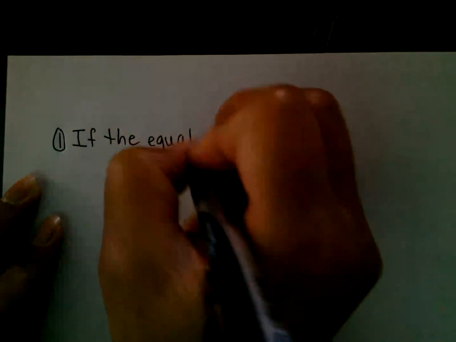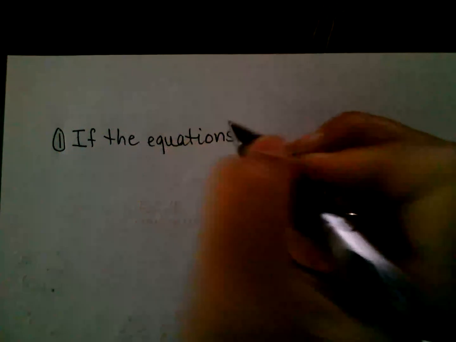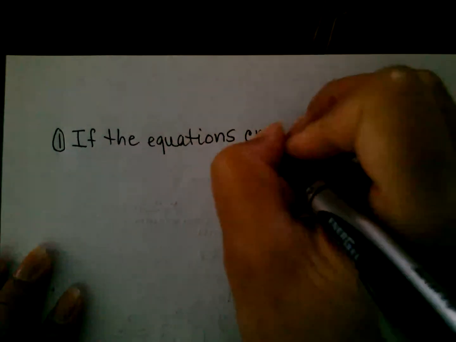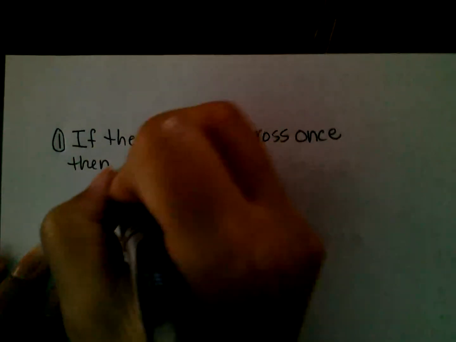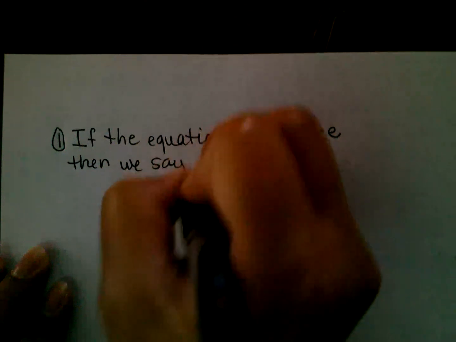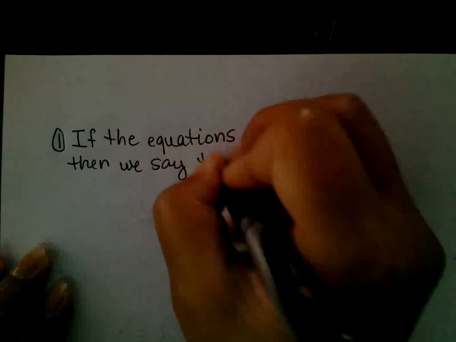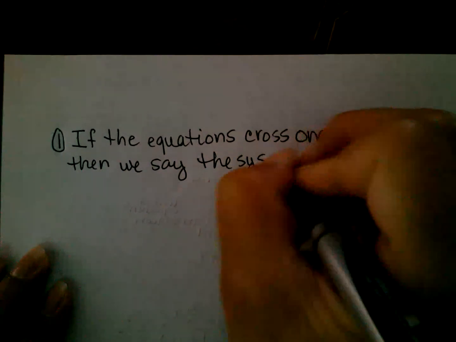If the equations cross once, then we say the system has one solution.